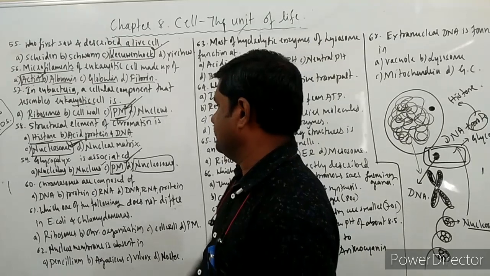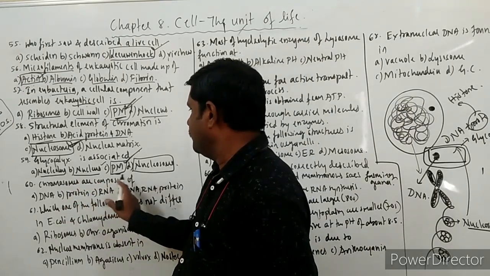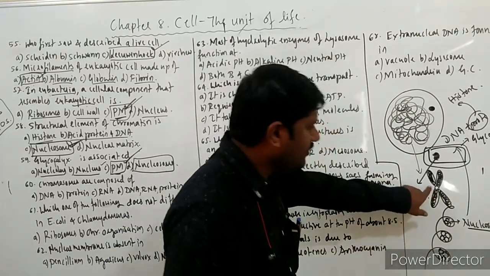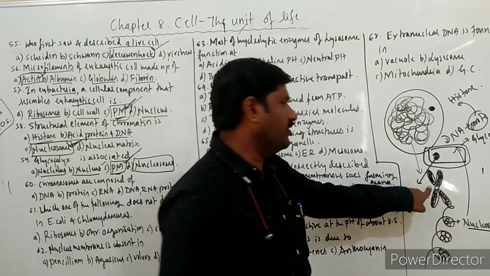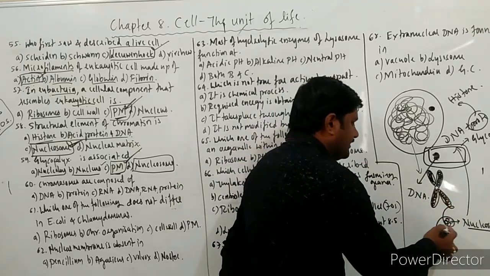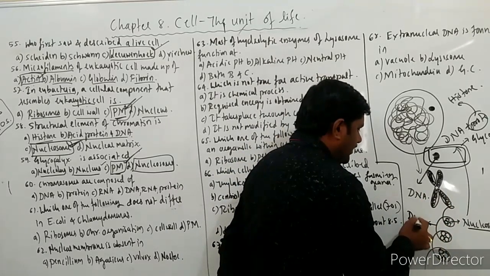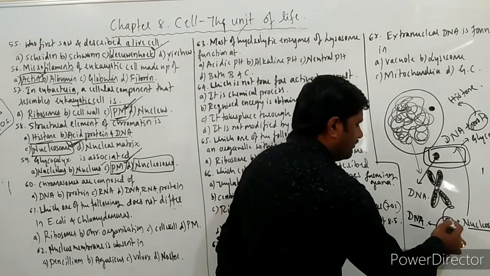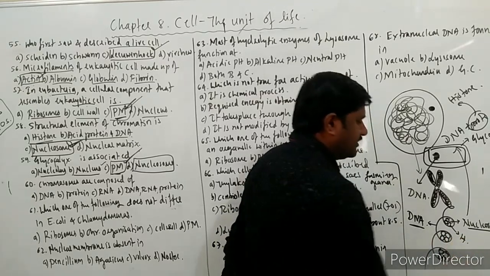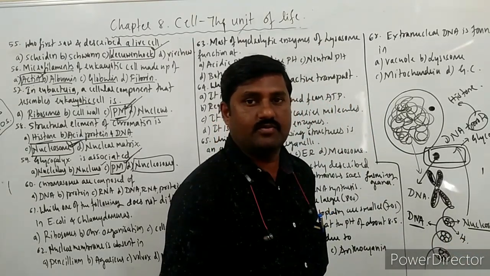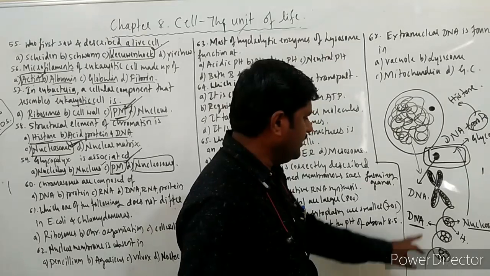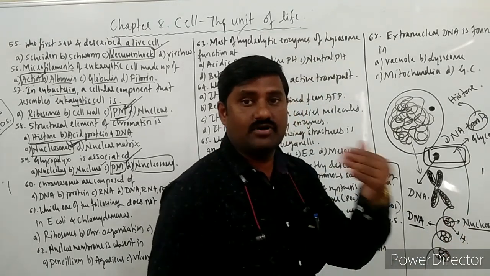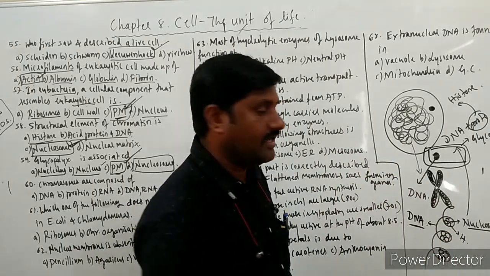Now, next question. Chromosomes are composed of what? Already I have drawn the diagram of the chromosome over here. You can very clearly see that DNA is present, along with histone proteins. Then the chromosome is made up of DNA, histone proteins, as well as RNA, since on the DNA the synthesis of RNA also takes place.